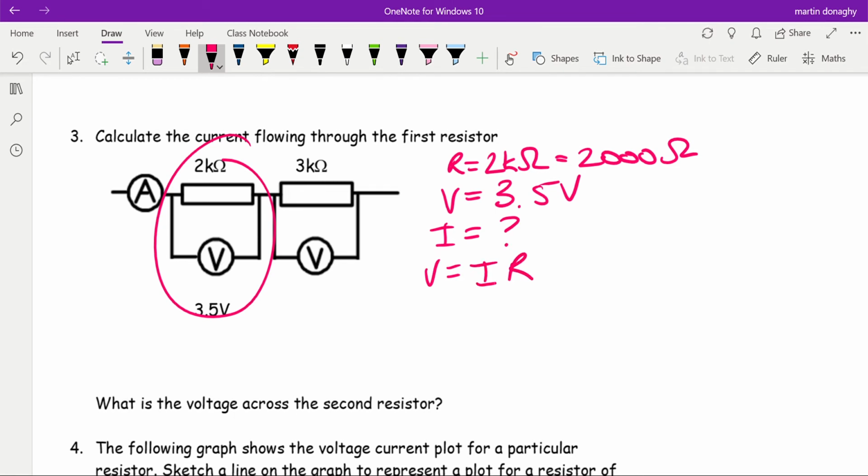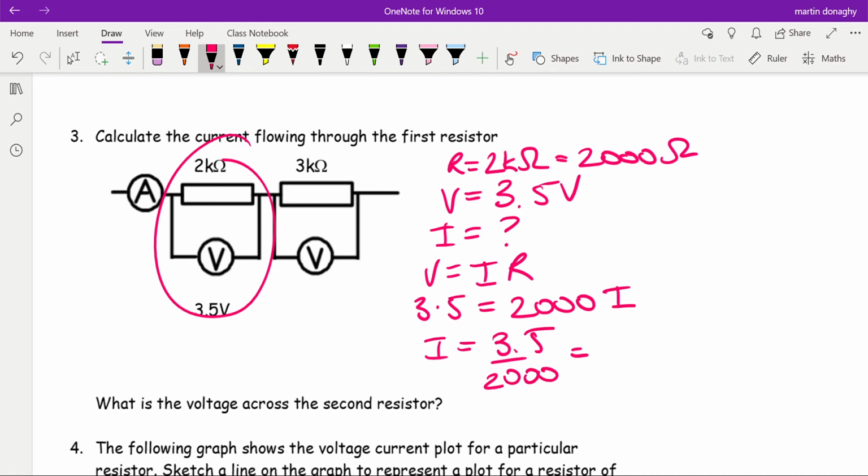V equals IR, 3.5 equals 2000 times I, so I is 3.5 divided by 2000, which is 1.75 by 10 to the minus 3. If that's what your calculator says, you're okay leaving that in standard form.